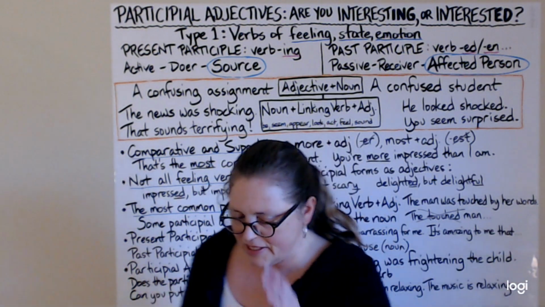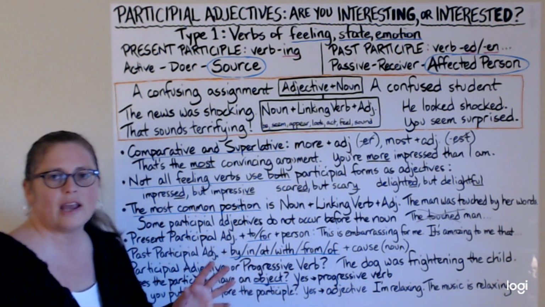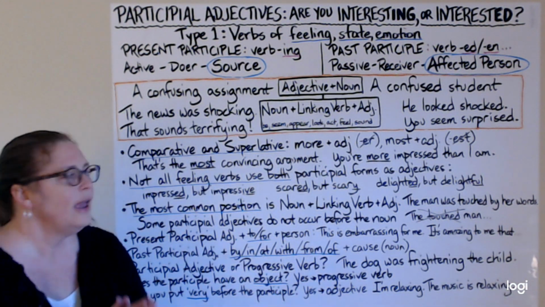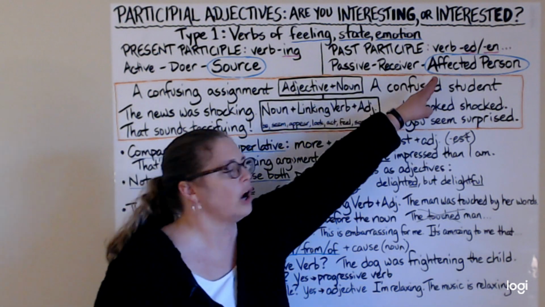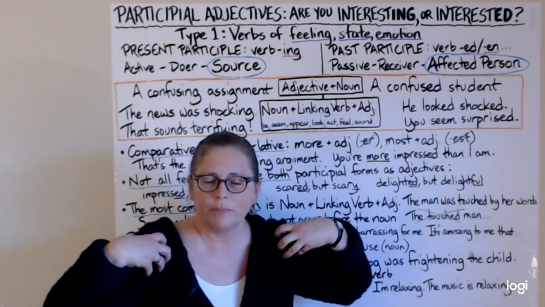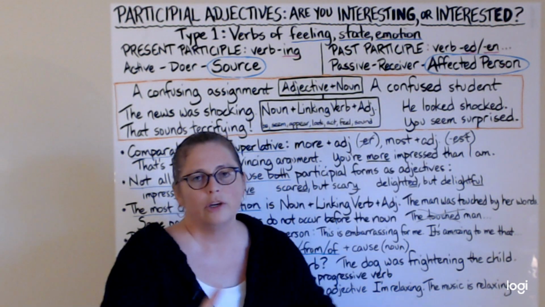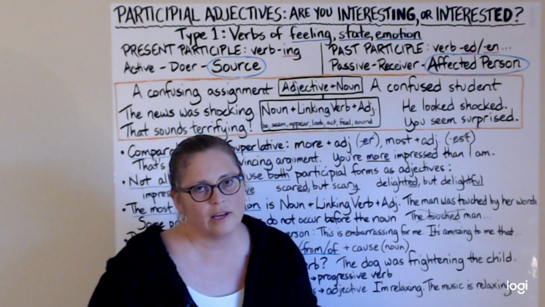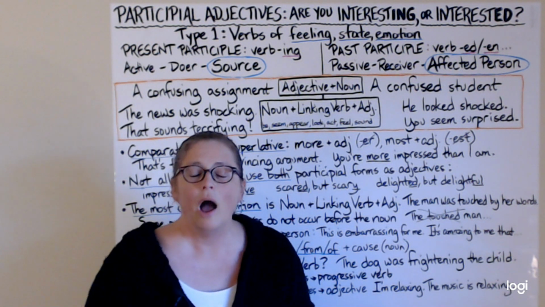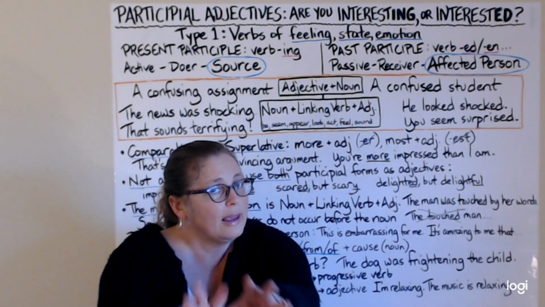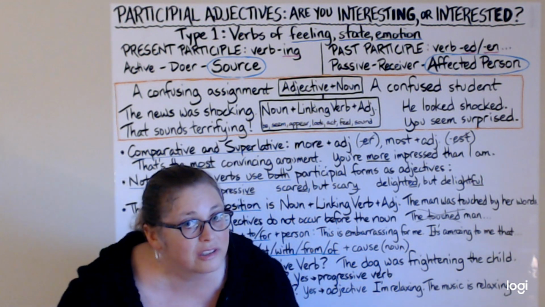So if all of this seems like a lot of information, let me just say the most important thing is to remember that when you're talking about the affected person, the person who's feeling something, use the past participle. Don't say that you are interesting or that you are boring. Only if you are the source of it.